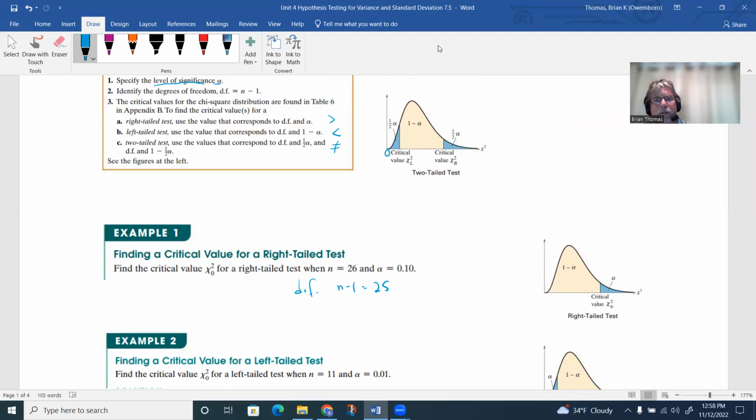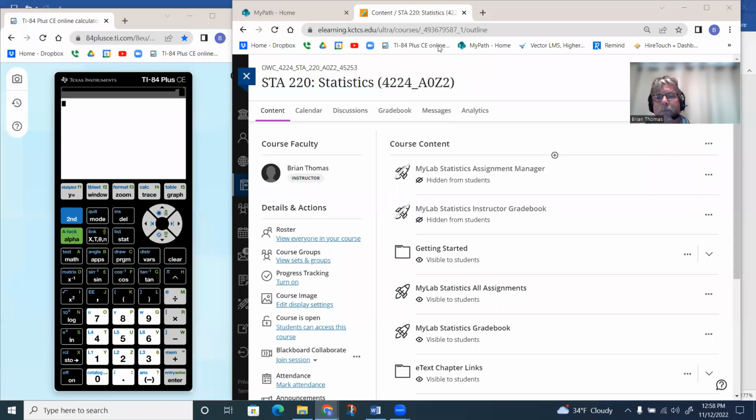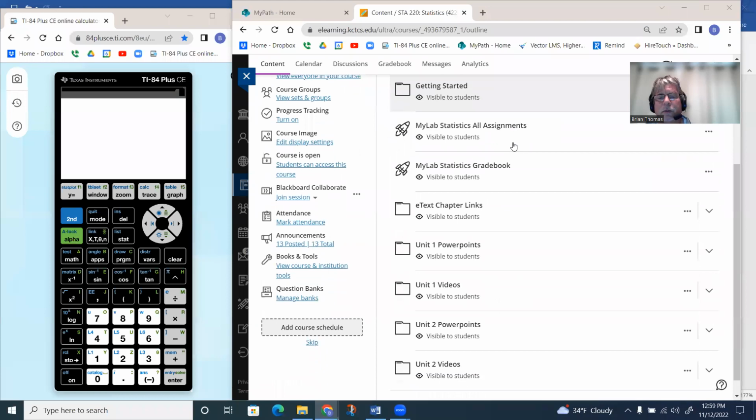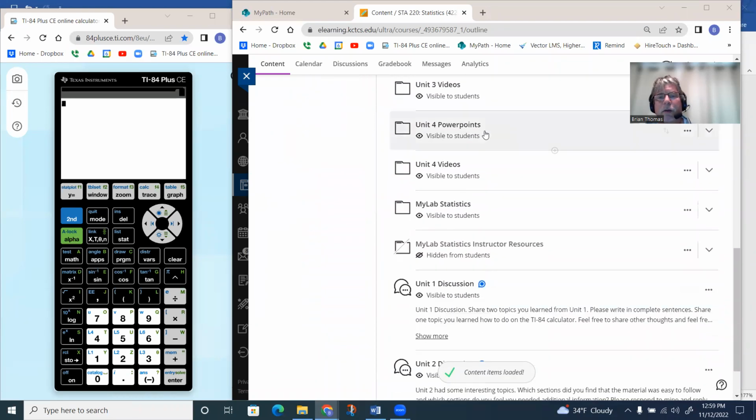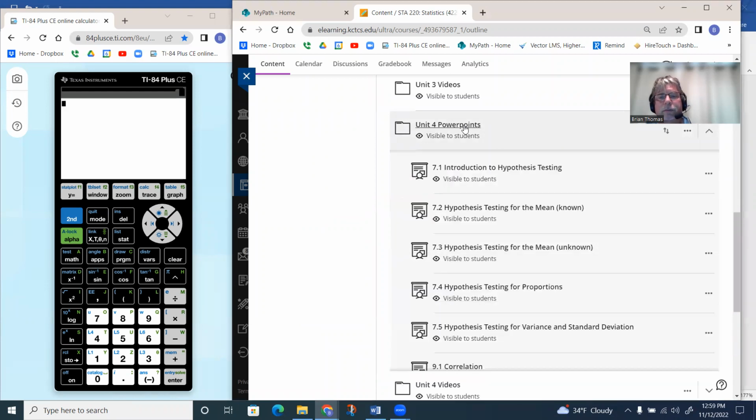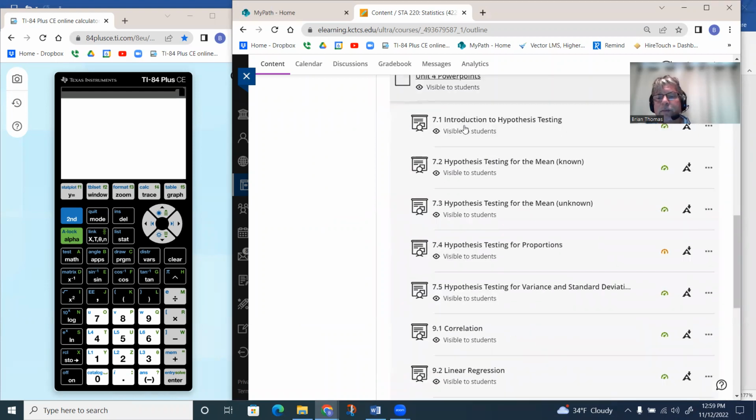Let me pause a moment and see if I can pull up a table for us here. If we go to Blackboard, we have these PowerPoints as well. I'll do this one from the PowerPoint. In the Unit 4 PowerPoints, we have hypothesis testing for variance and standard deviation.